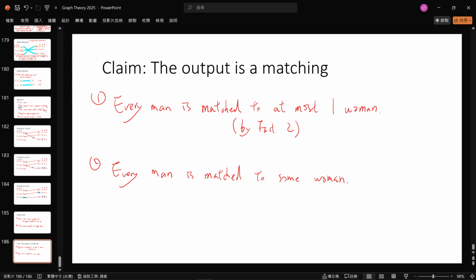So why is that the case that we have some women here and some men, and they are not matched to anyone? So you say that for this man, W must still be in his preference list. So why?